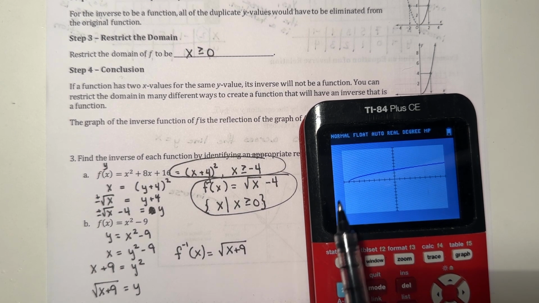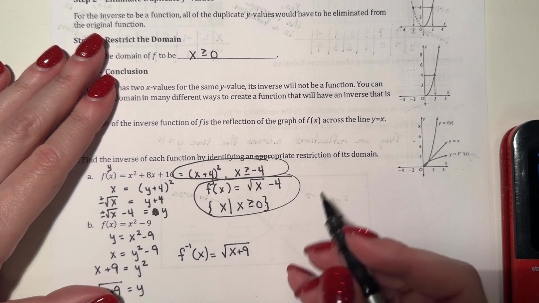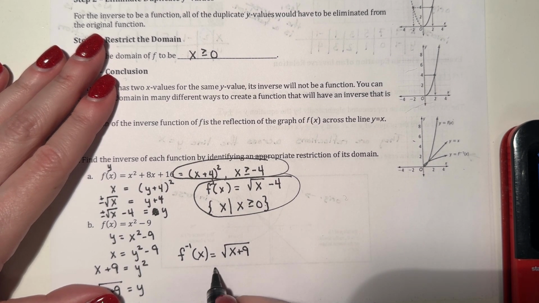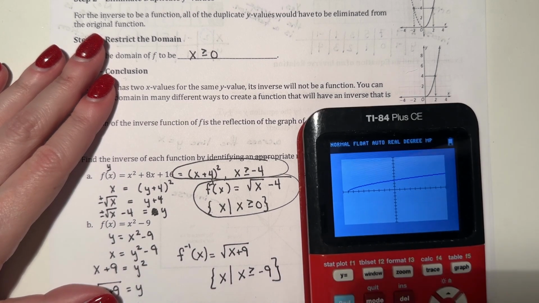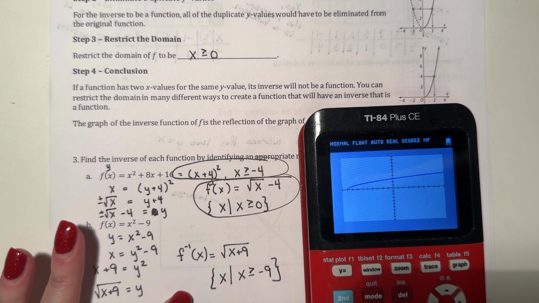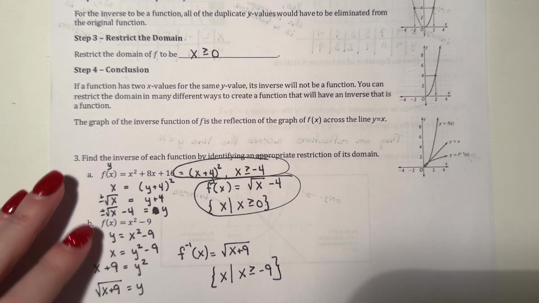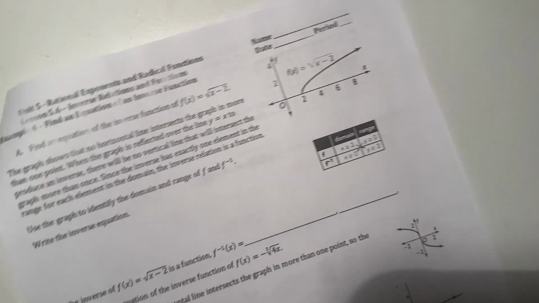So anything for x that's greater than -9, any of those are going to be fine, and we won't have any graph restrictions outside of those for the inverse. And that's where hopefully you got to on day 1.